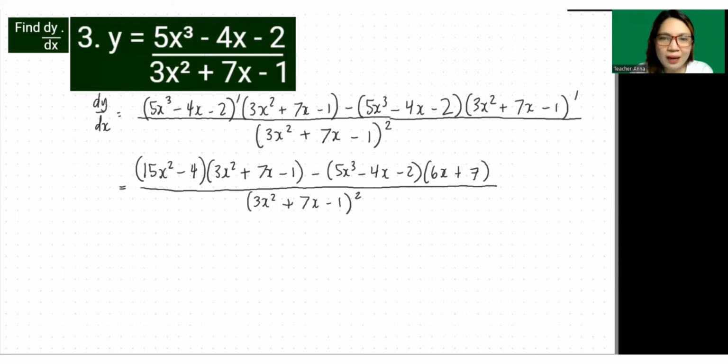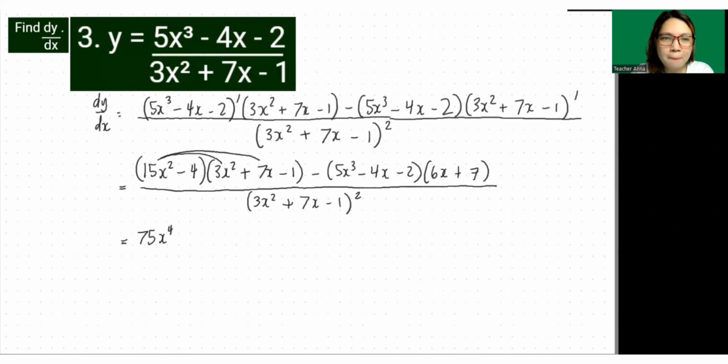And then we have, do we simplify this further? We can distribute each term in the binomial here to each term in the trinomial here. So we have, let's do this step by step. 15x squared times 3x squared, that will be 75x raised to 4.